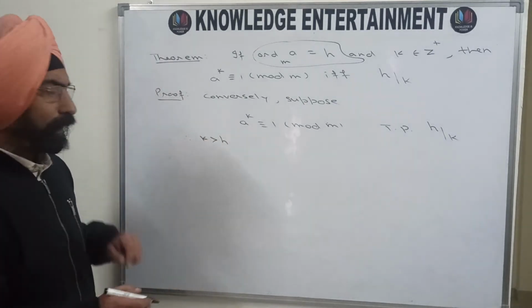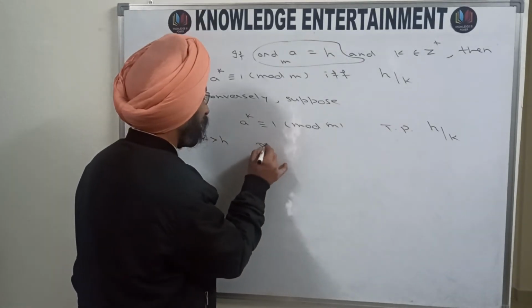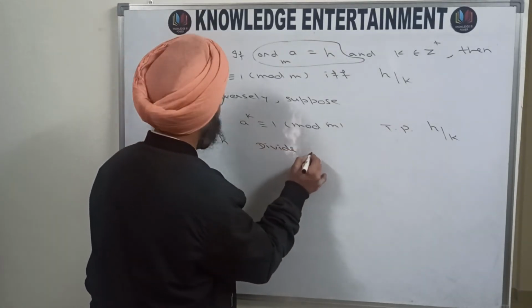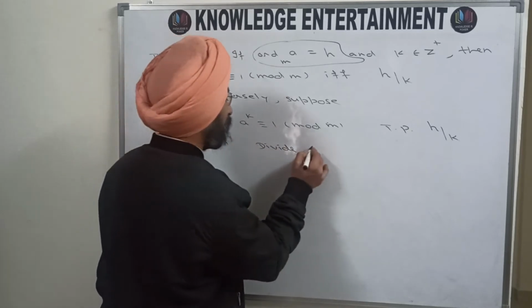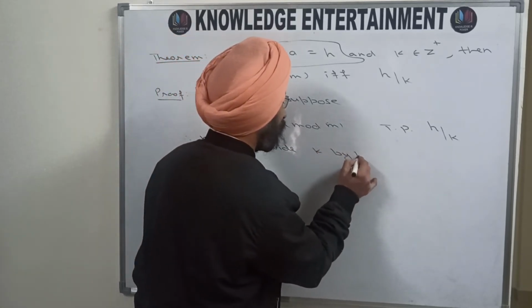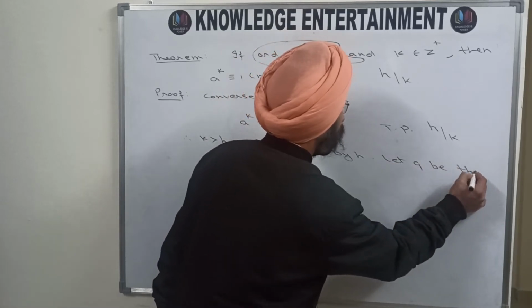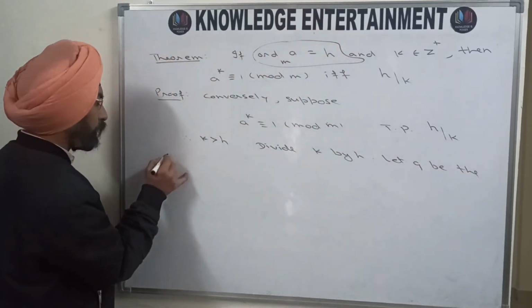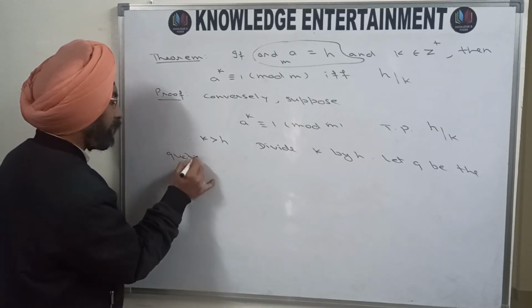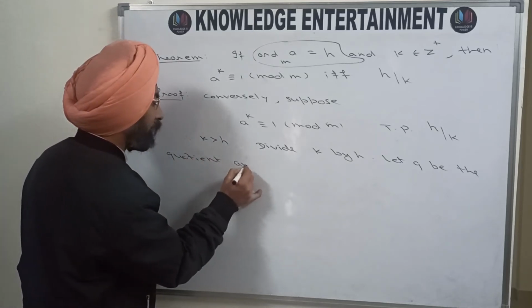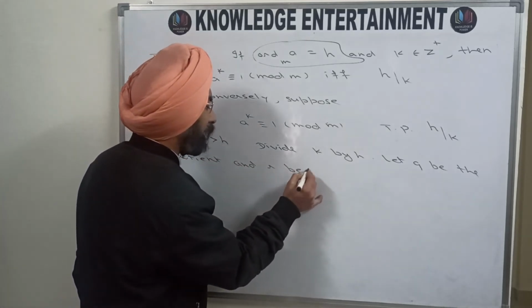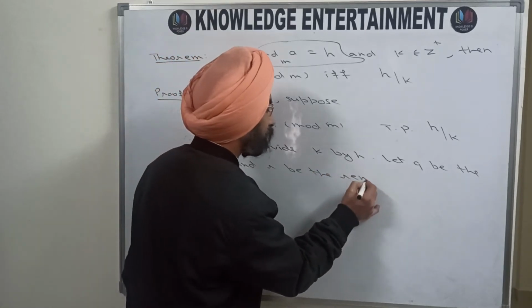So divide k by h. Let q be the quotient and r be the remainder.